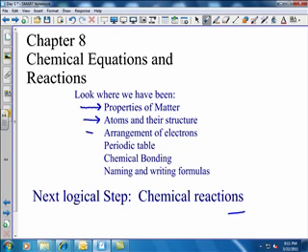And then we started looking at how those electrons were arranged, because we have learned in the chemical bonding section that the bonding of those atoms depends on where electrons are located. We did a lot with the periodic table, so we are getting very used to that. And we have now just dealt with a lot of naming and writing formulas. So our next logical step really is starting to put all this together into chemical reactions.